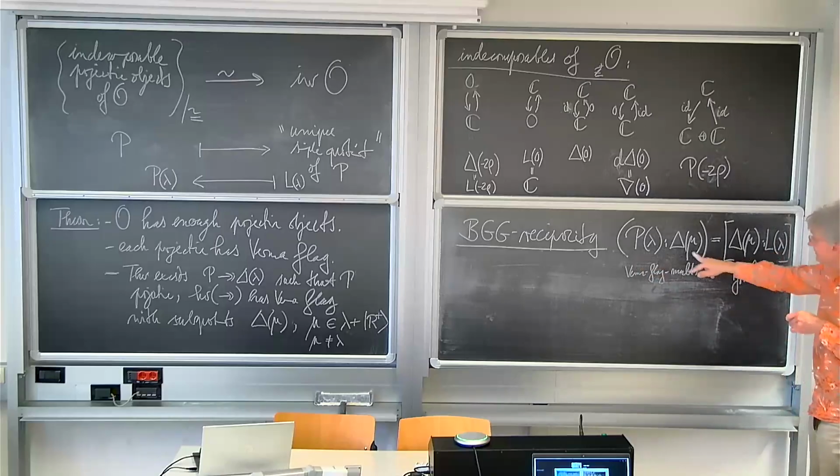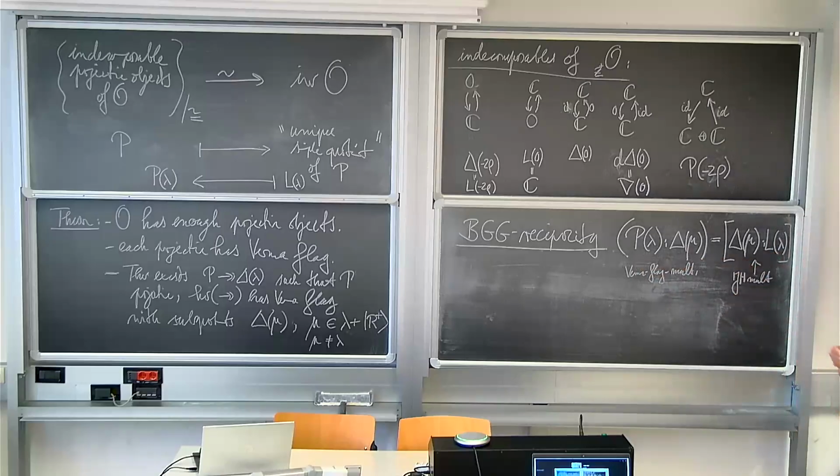And what plays the role of Verma modules are those representations of a finite field which come from irreducible complex representations. Then you choose a Z lattice, which always exists.